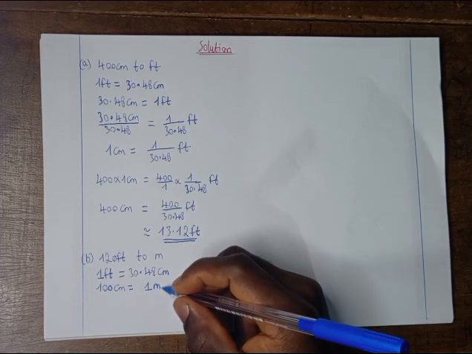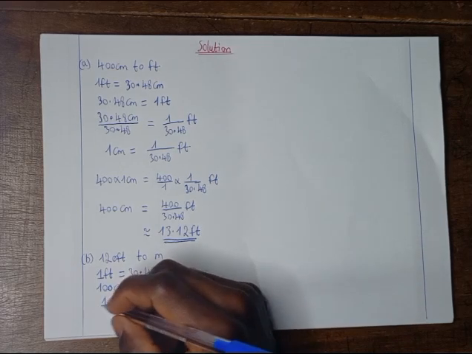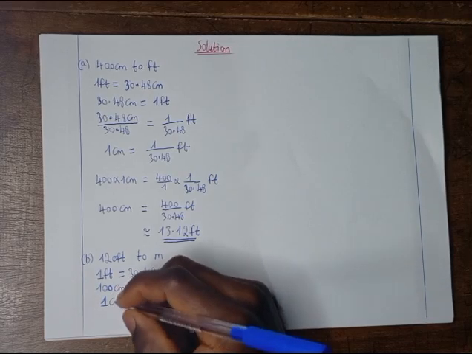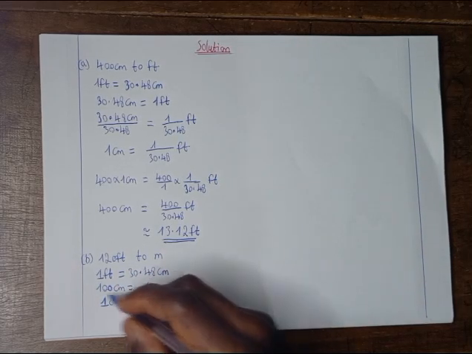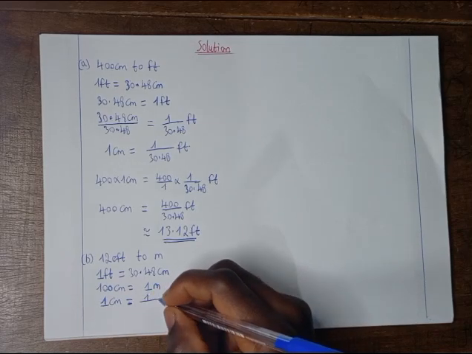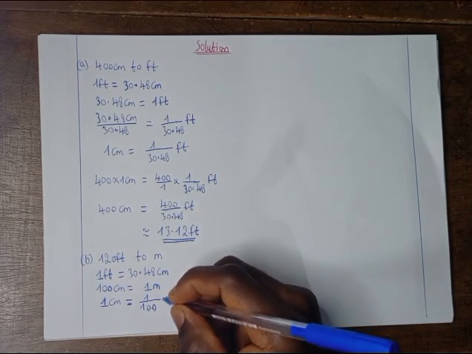From this, we can obtain 1 centimeter in meters. We know that 1 centimeter will simply be equal to, you're going to divide both sides by 100. This will give us 1 over 100 meters.